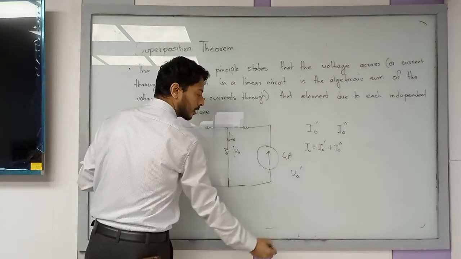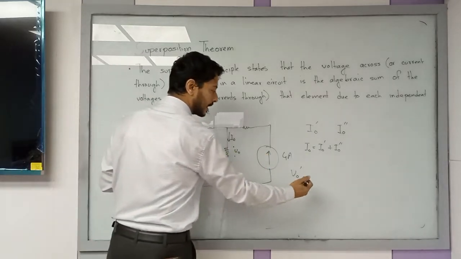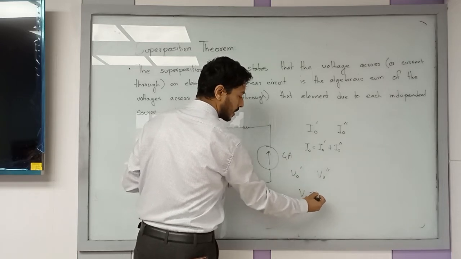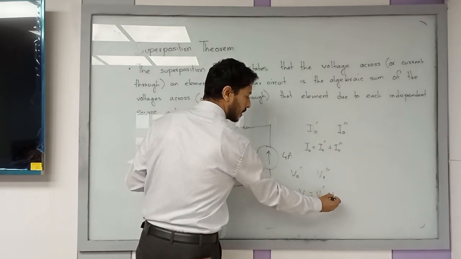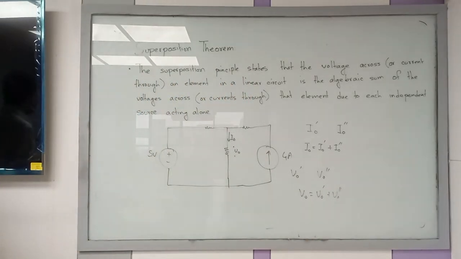So you will get V naught prime, and you make this line, this will be open. You have to find this V naught double prime. So V naught should be equal to V naught prime plus V naught double prime. So it can happen with voltage as well as with current. You can apply this theorem in this way. So this is what is written in this statement.